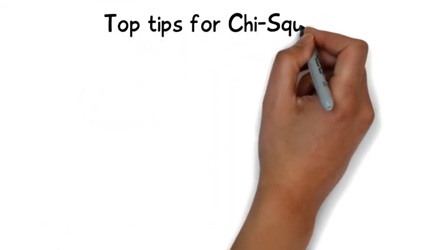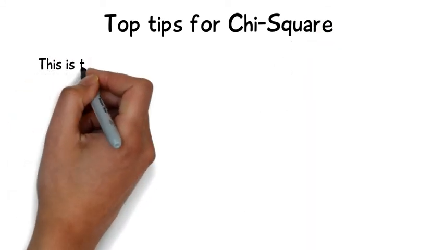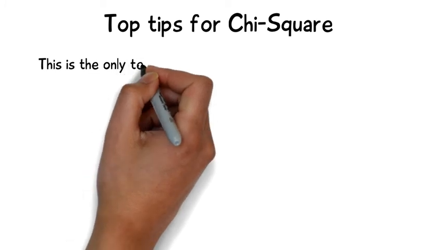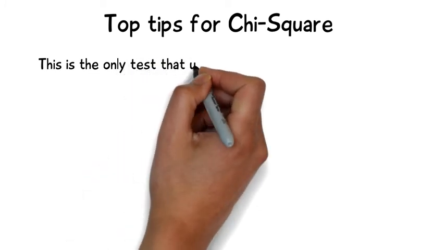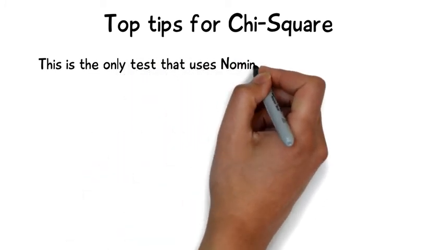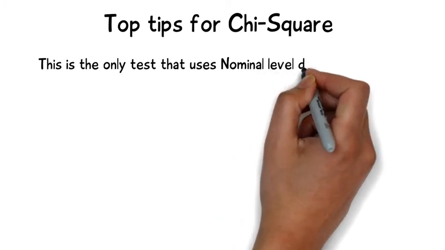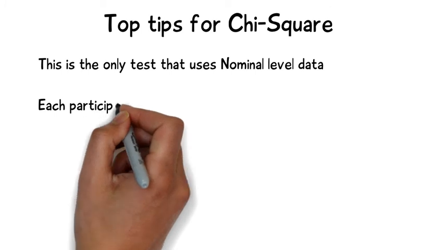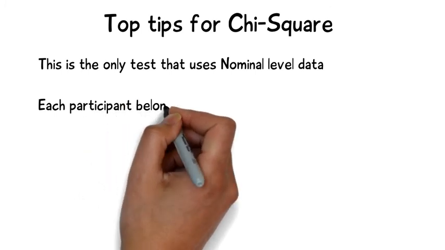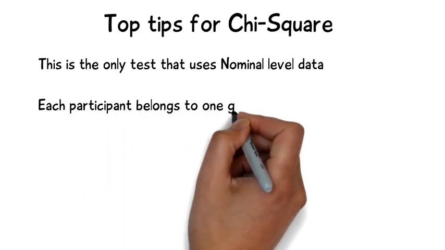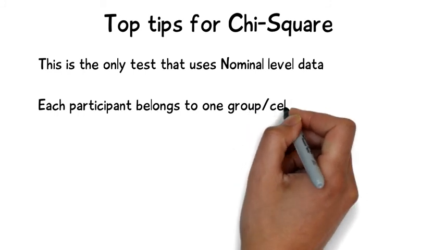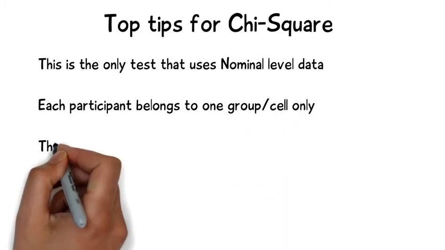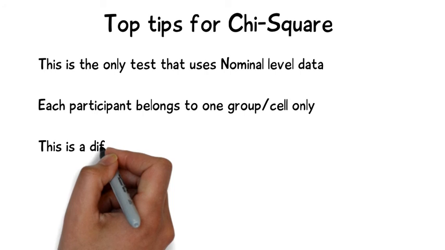So some top tips for the chi-square. This is the only test that uses the nominal level of measurement. Each participant belongs to one group, category, cell, whatever you want to call it, but they only belong to one of them.